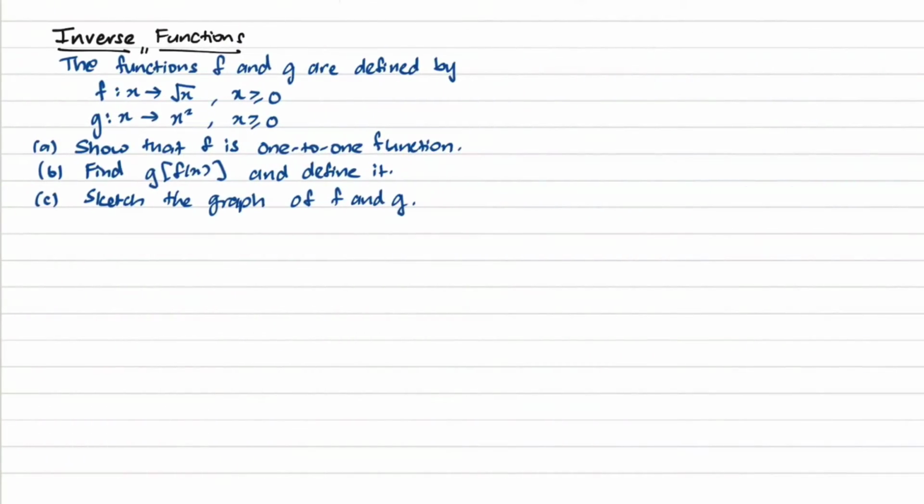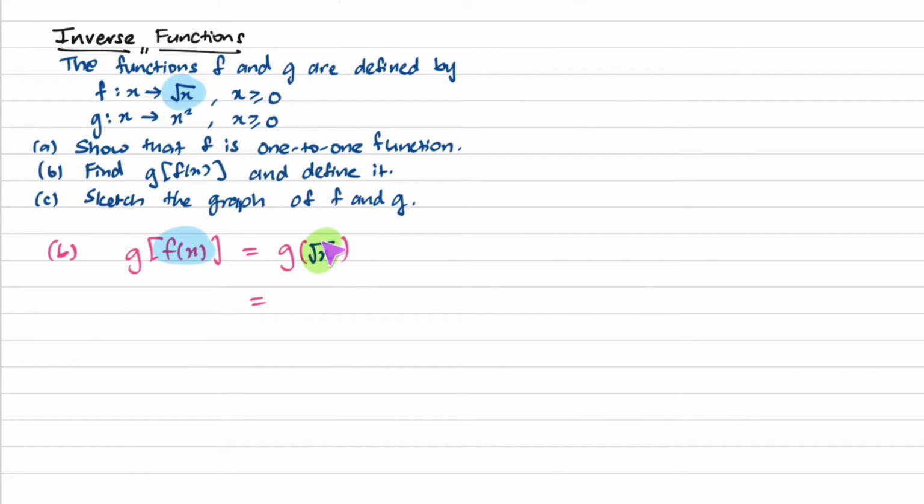Now, question B. Find g(f(x)) and define it. To find g(f(x)), we have to look at the functions given. We know the function f(x), which is given as square root of x. So we just have to replace that here. And after that, look at the function g. Function g is just x squared.